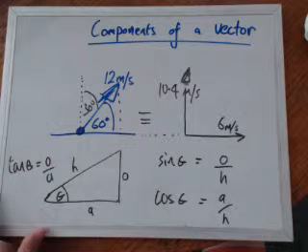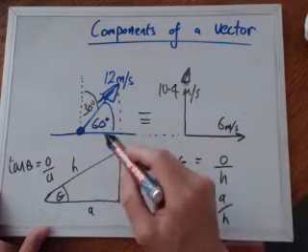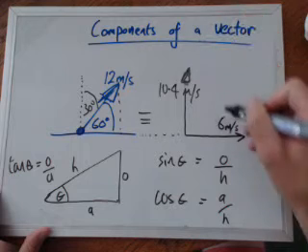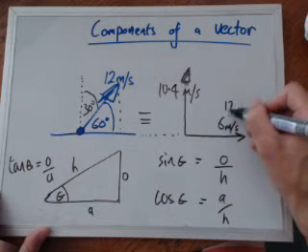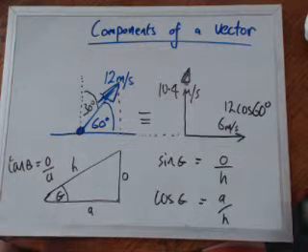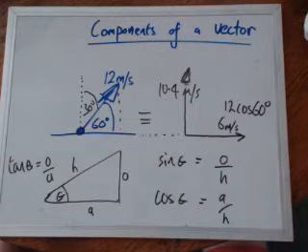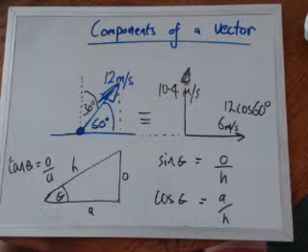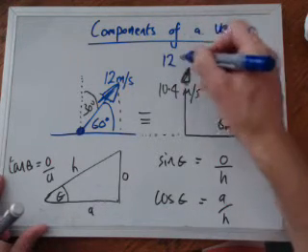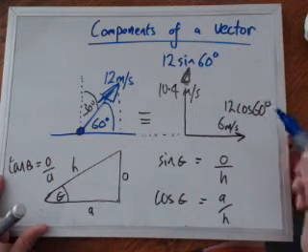Now often in these questions, instead of using the cosine, you use sine. For this one it would still be 12 cos 60 degrees, but for the vertical one we often use the same angle, and they're complementary, so that would be 12 sine of 60 degrees.